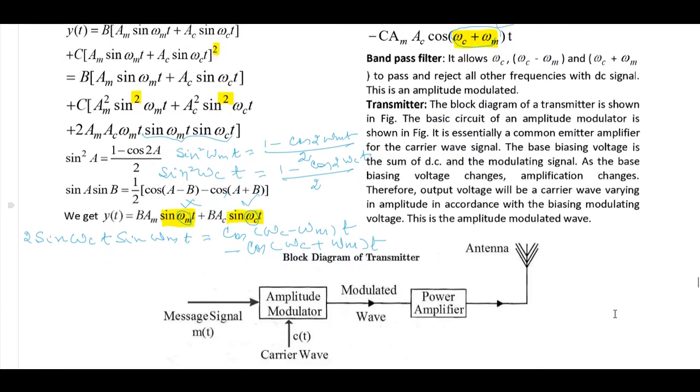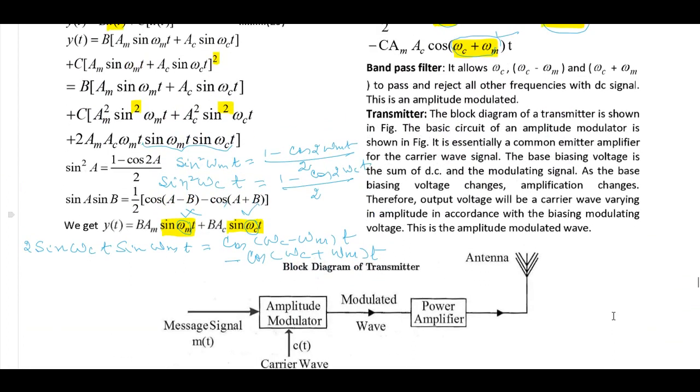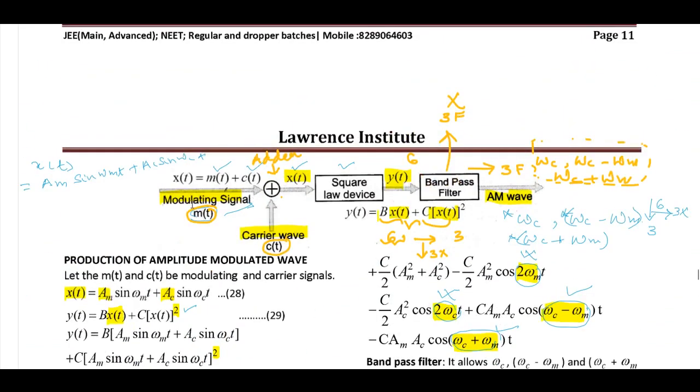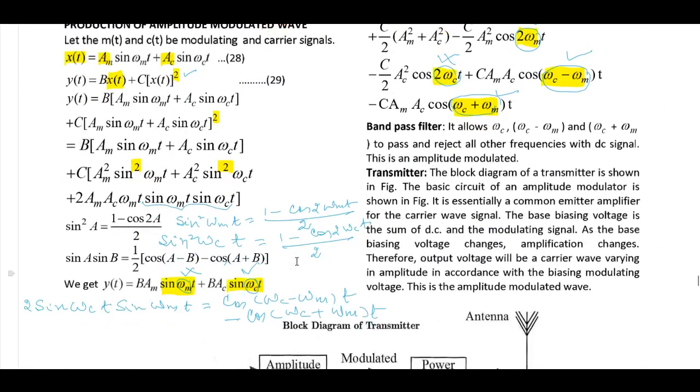Now we have got this block diagram of the transmitter here. Again, I will repeat the above process: message signal and carrier signal. They are amplitude modulated by making use of an adder circuit, then a square law device, and then a filter circuit. The amplitude modulator is the sum total of these 3 circuits: adder circuit, square law device, and band pass filter.